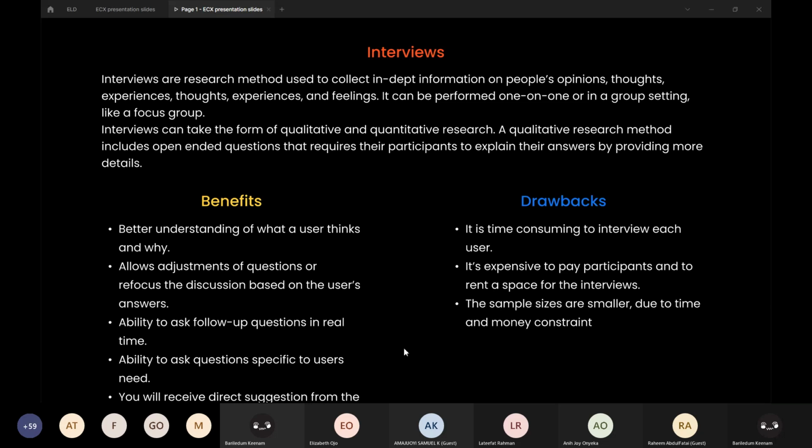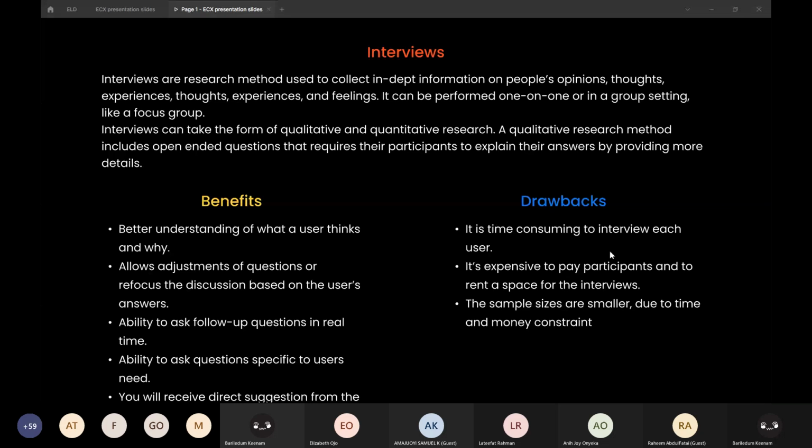So the sample sizes are smaller due to time and money constraints. If I want to interview people, I have to interview based on my budget, my pocket. If I plan to buy, let me say, Domino's pizza for my participants, and I can only afford to buy for 5 participants, whereas I need to interview 10 people, but my pocket can only cater for 5.